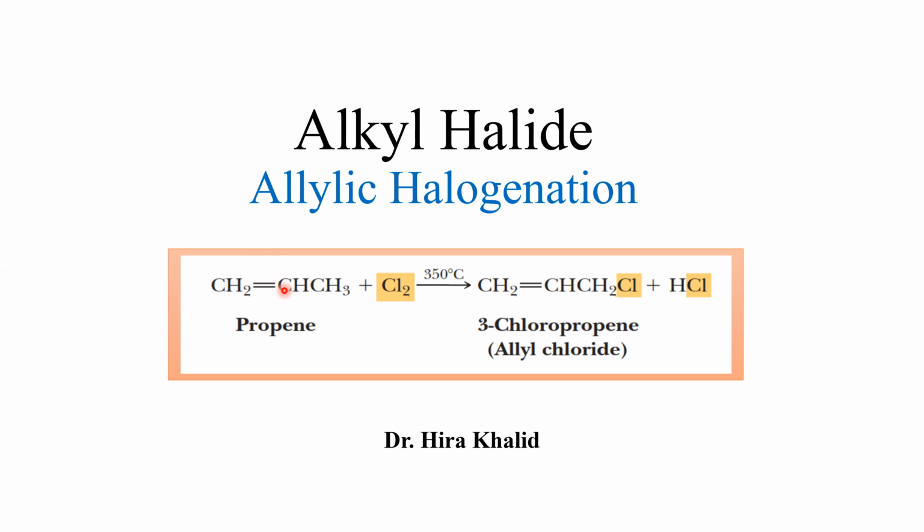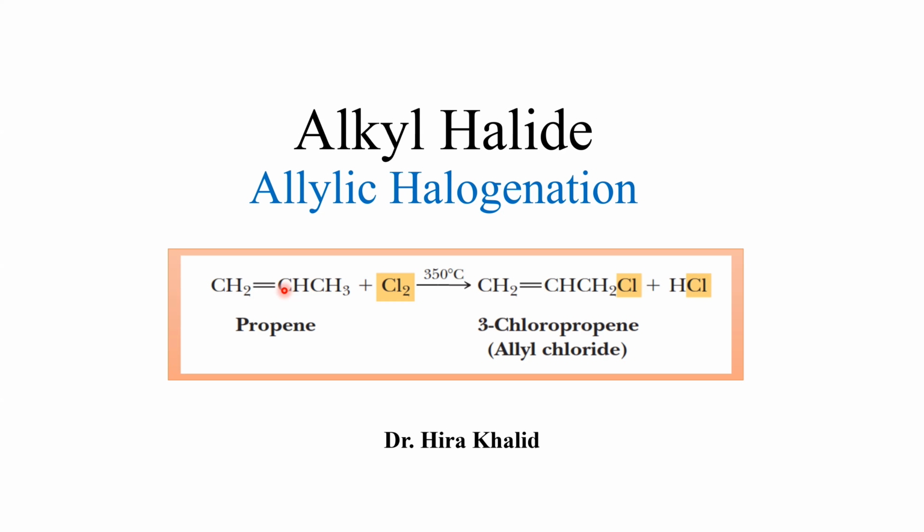But that equation is giving us surprising information: it is not going through the addition reaction. So this is going through some kind of substitution reaction. I will define later what a substitution reaction is, step by step, so you can build your concept.